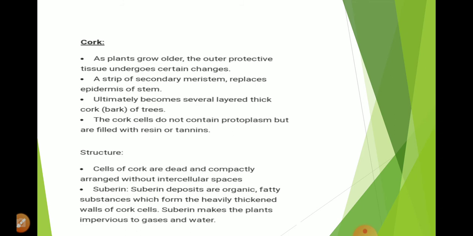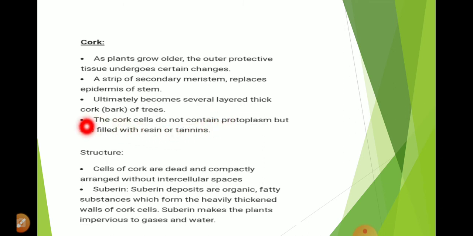So these cork cells are totally dead cells, derived from the cork cambium, and they are chemically made up of a substance called suberin. Suberin is responsible for making them impervious to water, and it also prevents the entry of pathogens.